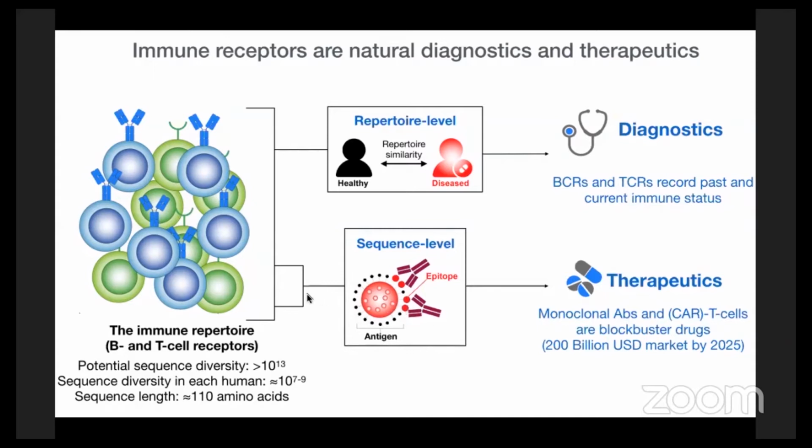And there have been two main applications in the field of immune receptor analysis, which is using this immune memory of immune receptors on the repertoire level for diagnostics. So for using computational approaches and machine learning approaches for differentiating between or predicting health status, immune status.